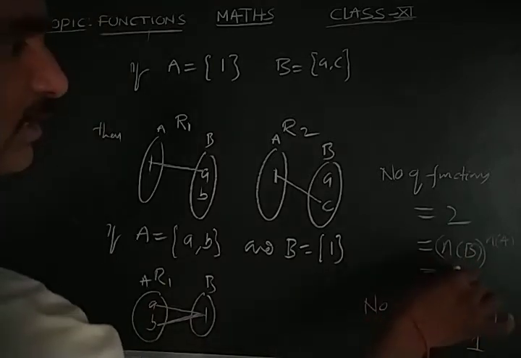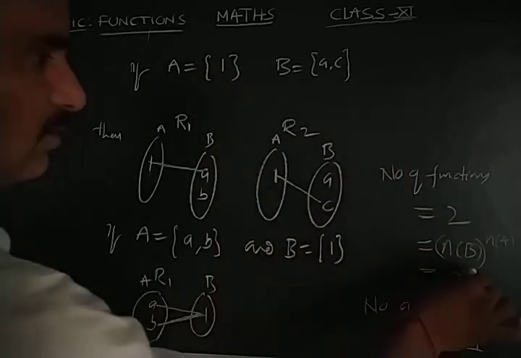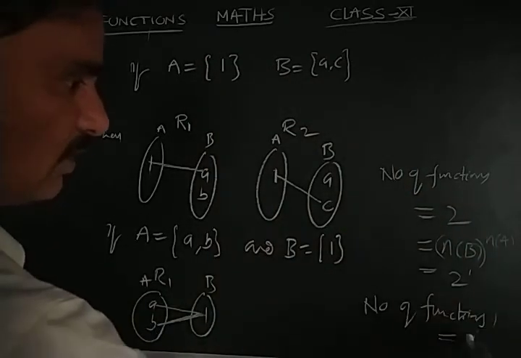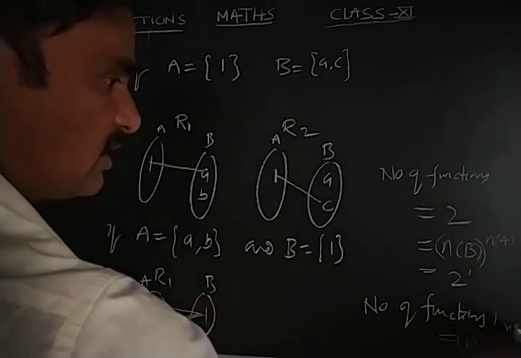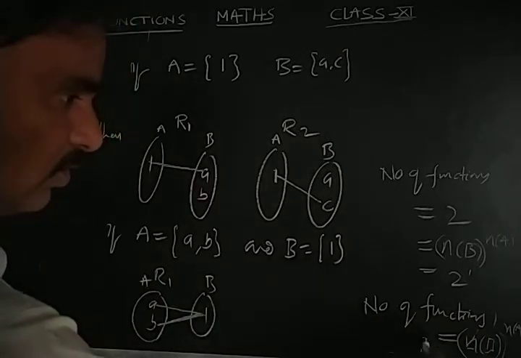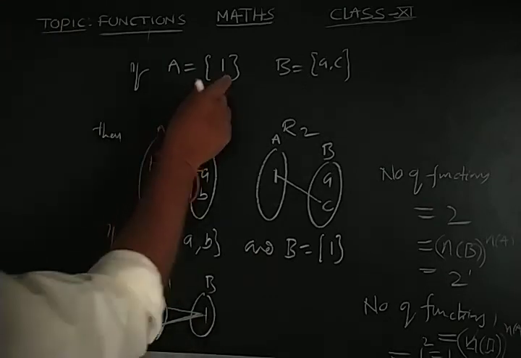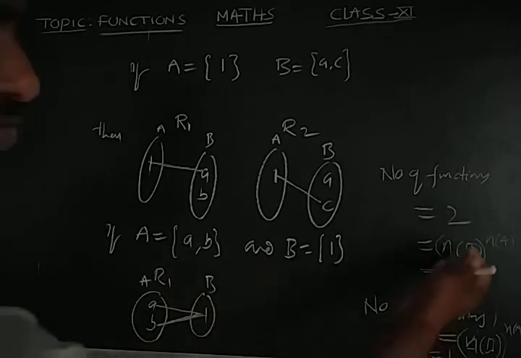In the first case, the number of elements in B is 2 and the number of elements in A is 1, so you will get 2. Here also I use the same formula: number of elements in B to the power of number of elements in A. How many elements are there in B? 1. 1 power 2 is 1. So I got only one function. So depending on the domain and codomain, we can find the number of functions using this formula.